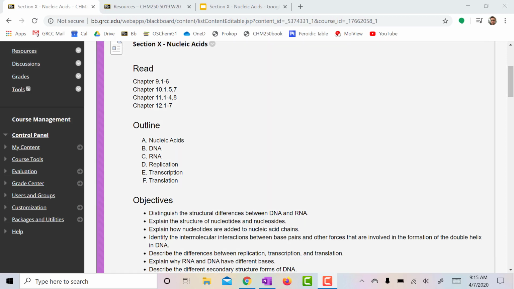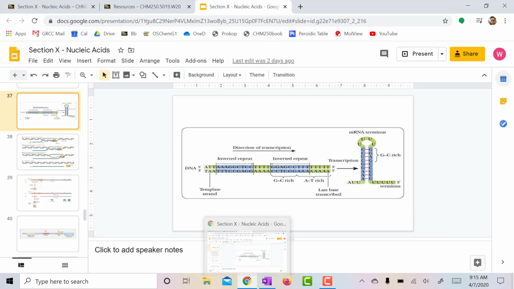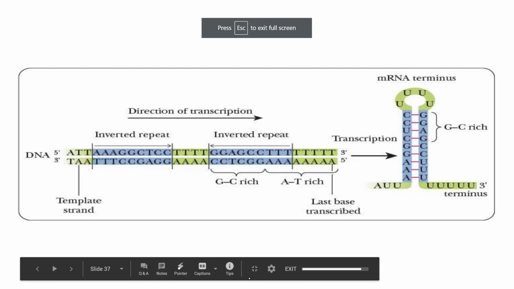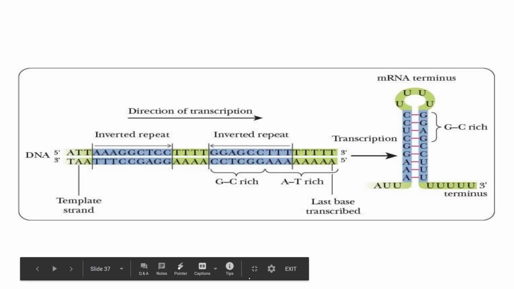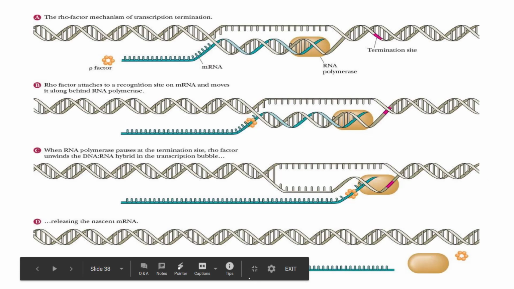So I'm going to finish this section on transcription. And when I stopped, I was talking to you about how to stop these prokaryotes from continuing to make RNA off of the DNA. And I told you that oftentimes a repeated region was transcribed, and it formed a hairpin, which ultimately stopped this process.